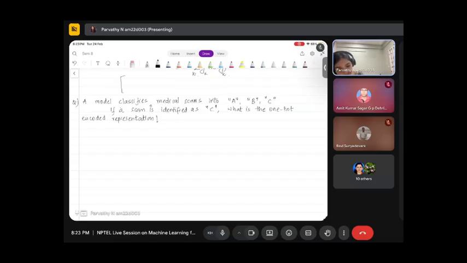As I mentioned before, class A will be 100, class B will be 010. So like that it will go.